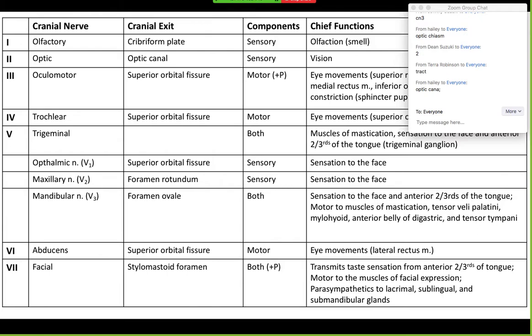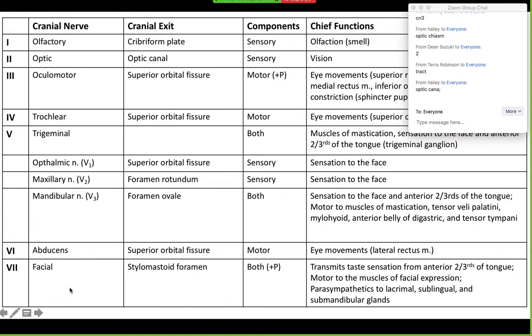Let's see. Another thing they like to test on is how the tongue is innervated. The anterior two-thirds of the tongue has a different innervation than the posterior one-third. Supplying the anterior two-thirds of the tongue with general sensation is V3, and the taste sensation for the anterior two-thirds is from the facial nerve.